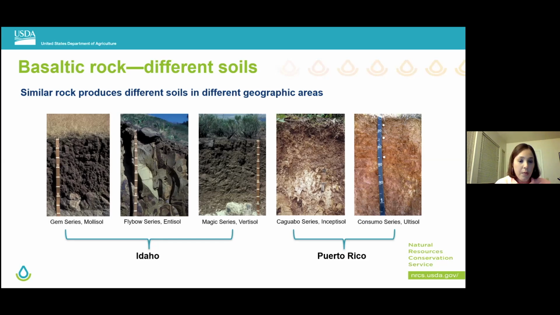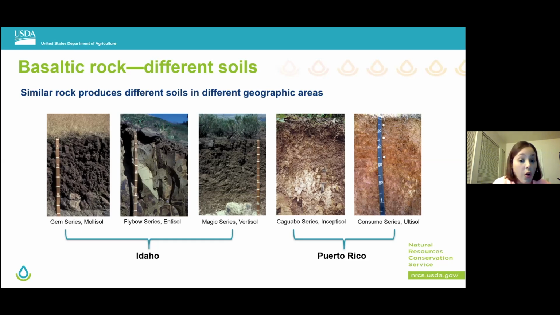But take a look at the Mollisol and the Vertisol on the left and the right. They are more developed soils, and you can see the rocks at the bottom. It's still basalt, but what happened in Puerto Rico, in tropical areas where you have a hot and humid climate? The soil is different. You have different colors, different minerals.